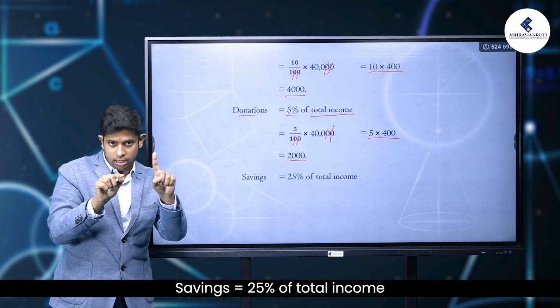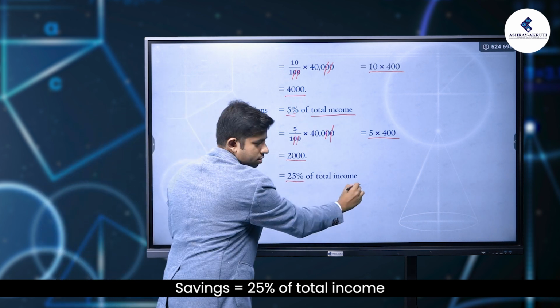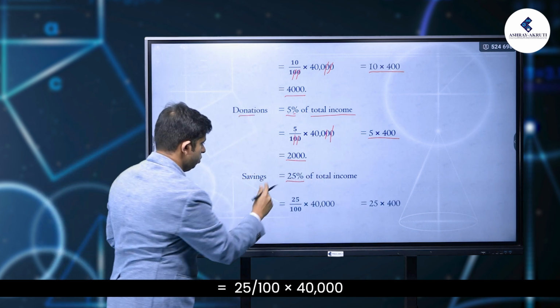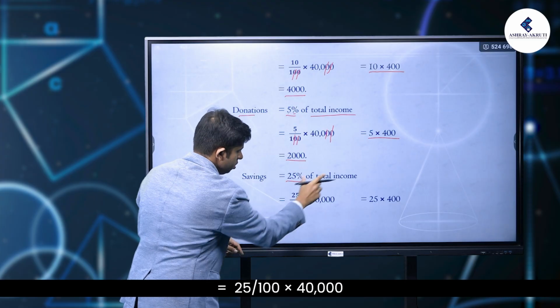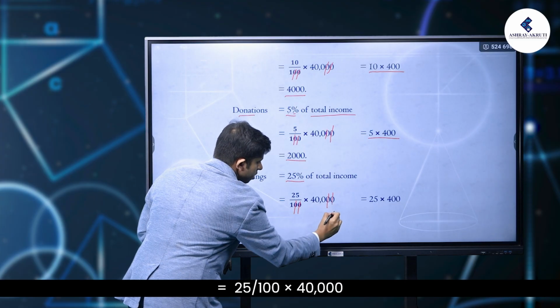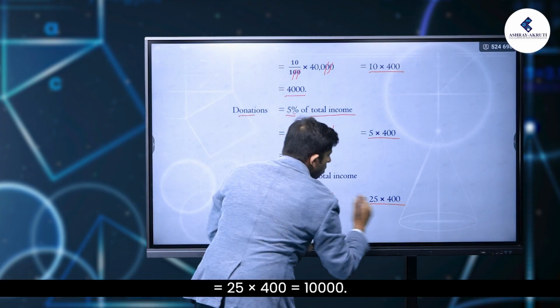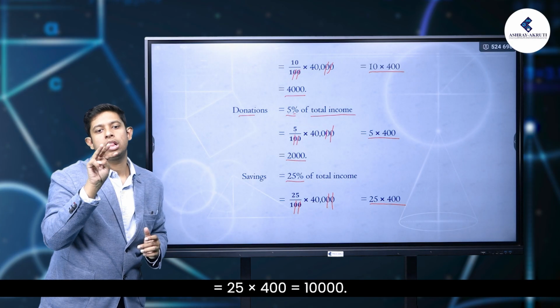Savings is equal to 25% of total income. 25 by 100 into 40,000 equals 25 into 400, equals 10,000.